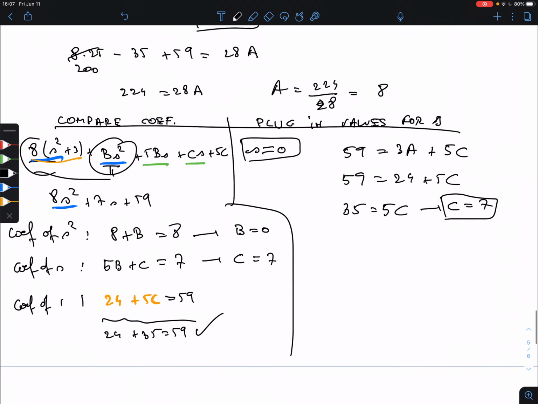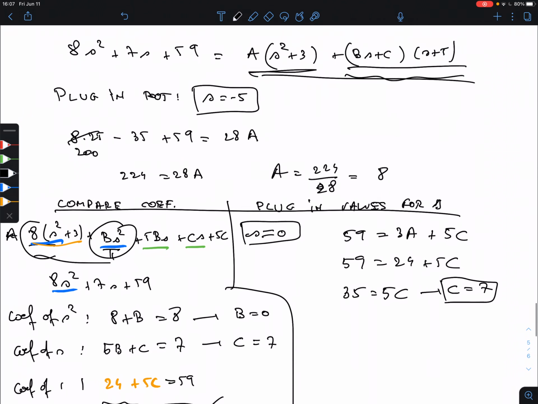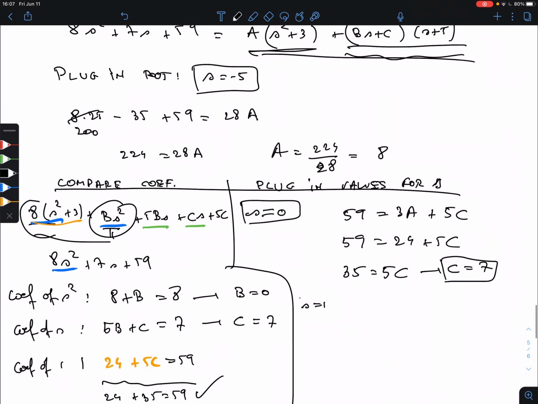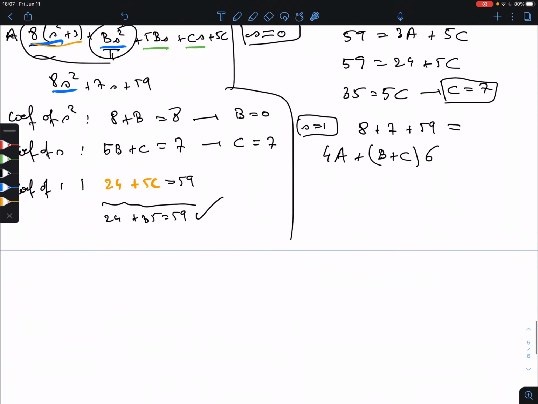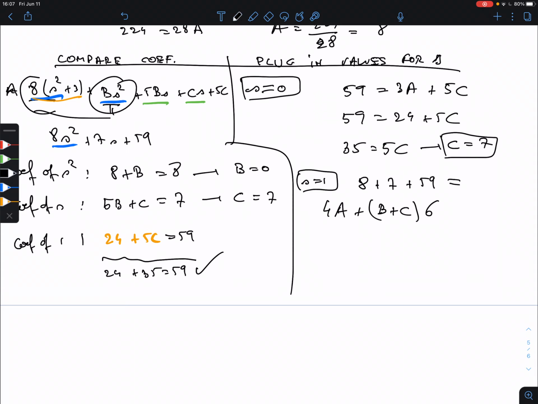the same 7 that I found before. And then let's say I plug in s equals 1. On the right-hand side I get 8 plus 7 plus 59, and that should then be equal to 4 times a plus b plus c times 6. This is the result of plugging in 1 in here. Now we know most of the values.